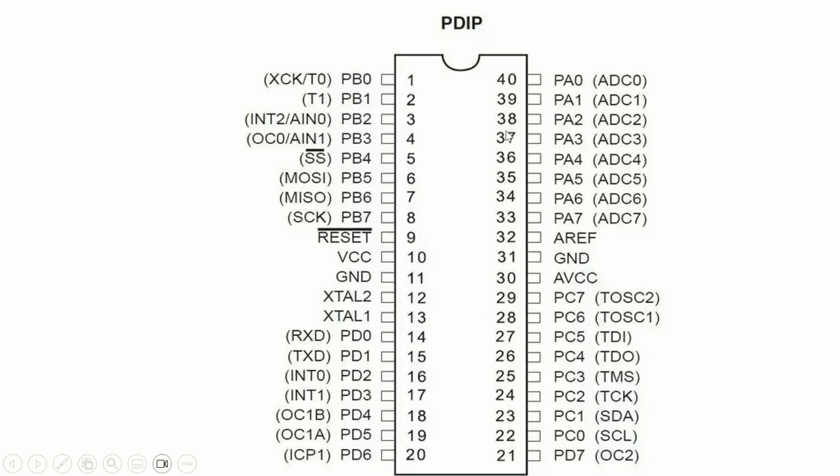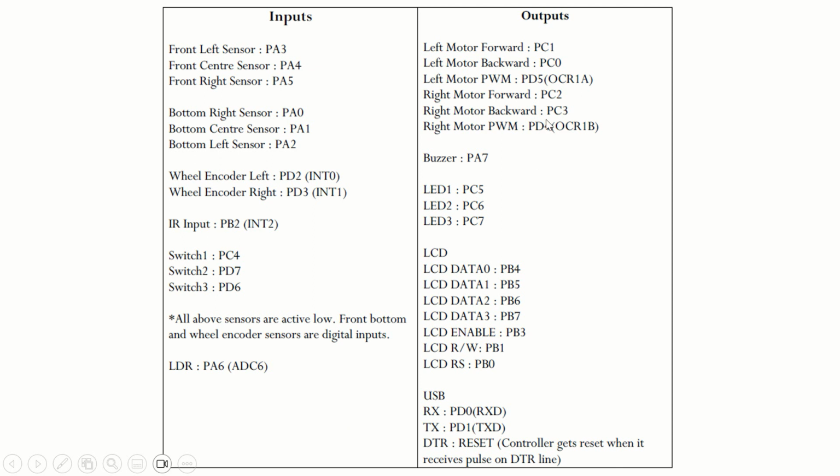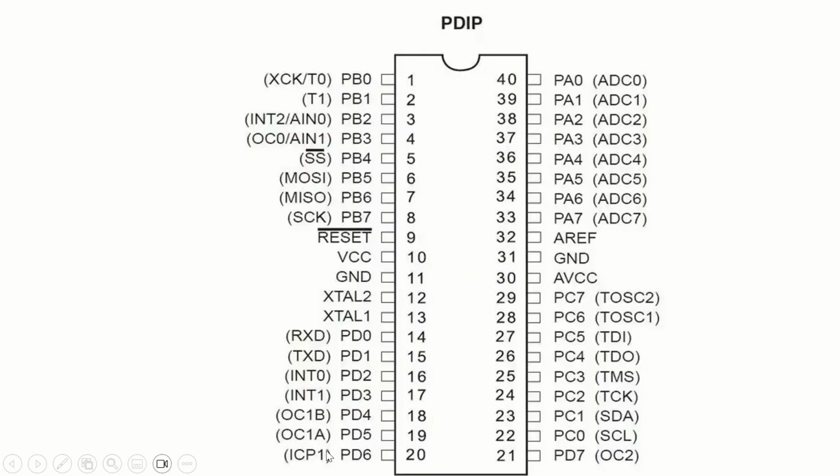As you can see on your 40 pin CPU, there are 4 ports: PA0 to PA7, PB0 to PB7, PC0 to PC7, PD0 to PD7. Here we have used PC0, that means pin number 22, PC1, PC2, PC3. These are the IO lines we have used for connecting the motor with the help of a motor driver circuit, and also port D. In port D, we have used PD4 and PD5.